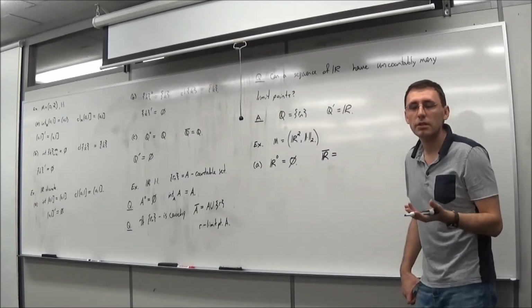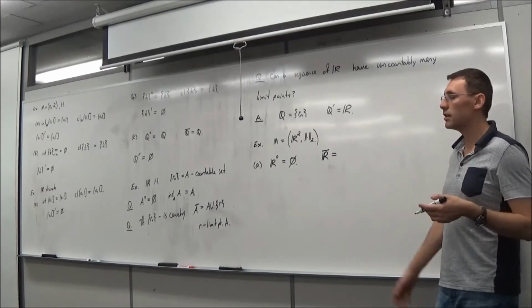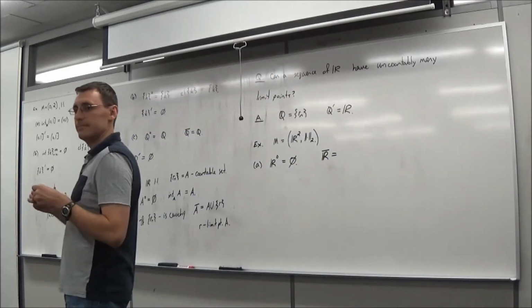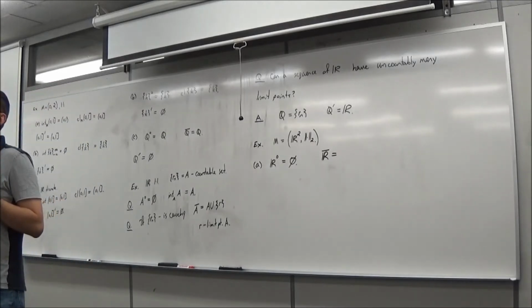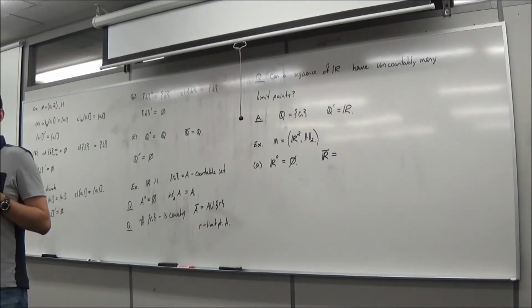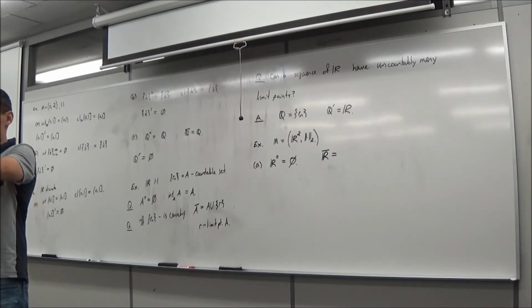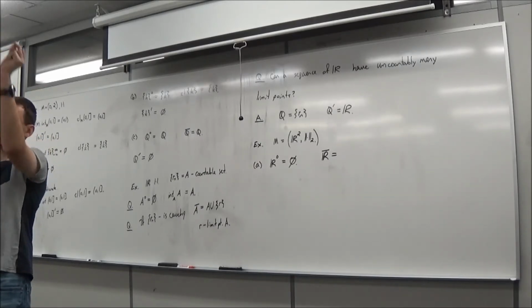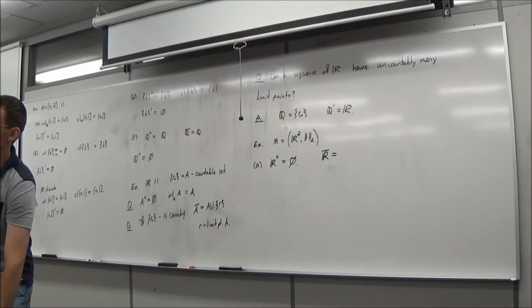What is the closure? R2. So this line, it's horizontal, you're telling me it needs to eat every point anywhere in R2.